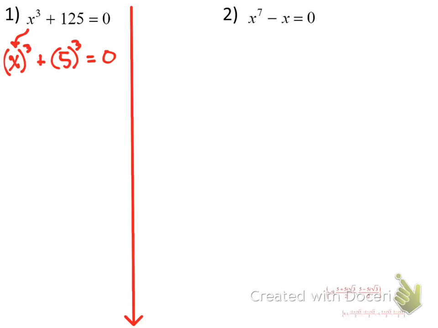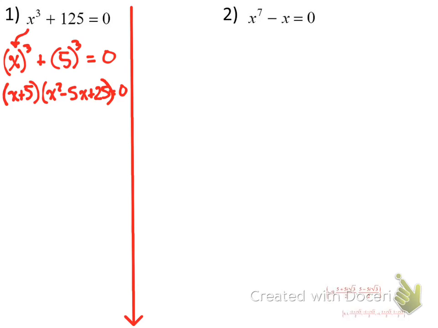We could factor this as x plus 5 times the quantity of x squared minus 5x plus 25 is equal to 0. And there should be a parentheses there. I just followed the format here, right? A cubed plus b cubed follows this format.